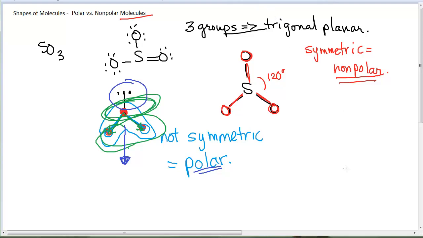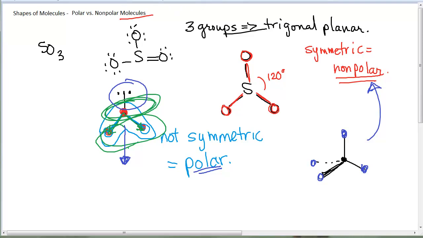We can see something similar with 4 groups. If I have 4 groups around the center, that is a tetrahedron electron geometry. And as long as I have exactly the same atom attached in all 4 positions, this is a totally symmetric arrangement and non-polar.